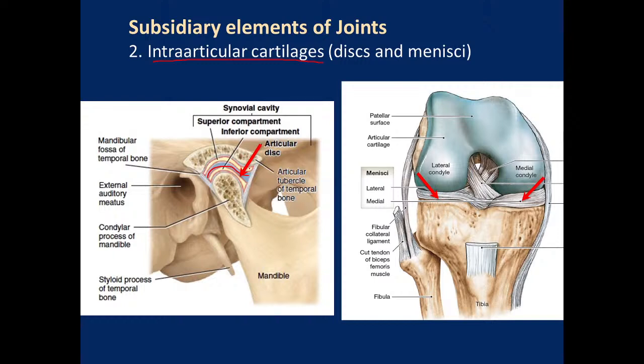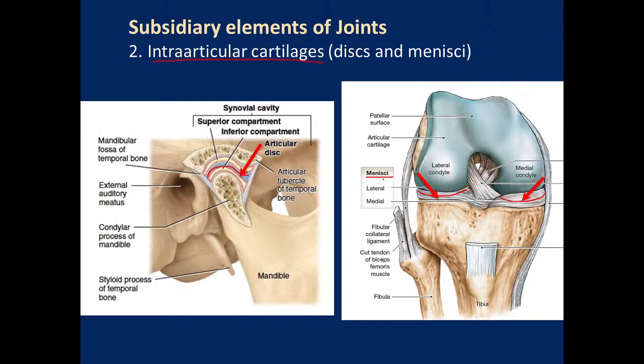We call them articular disc, and sometimes this interarticular cartilage has a special hole in its center. Then it has a concentric shape of the cartilage, and we call it meniscus.